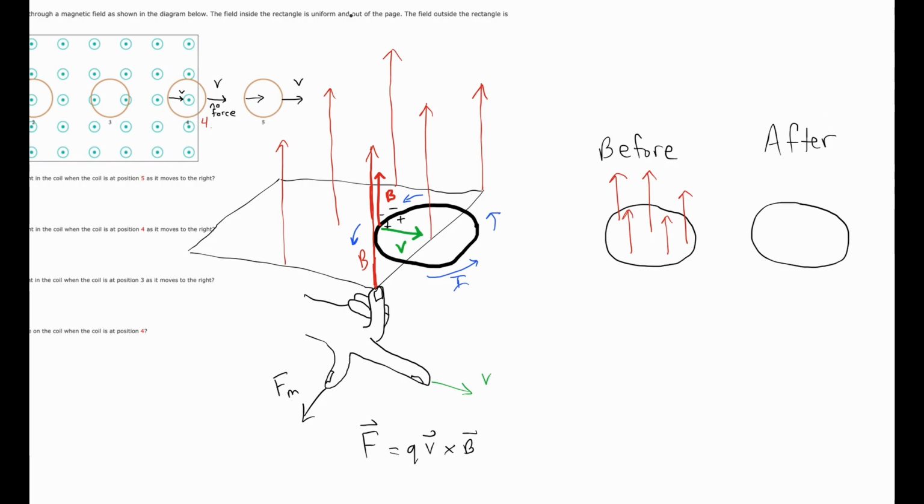After, though, there's less field lines coming through it. And so initially there's a flux directed upwards. That flux is decreasing. And so we need an induced flux that's going to replace the missing vectors.